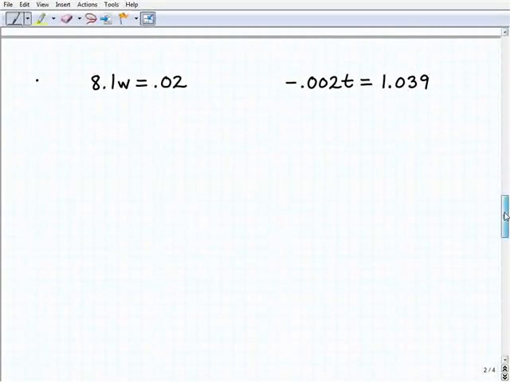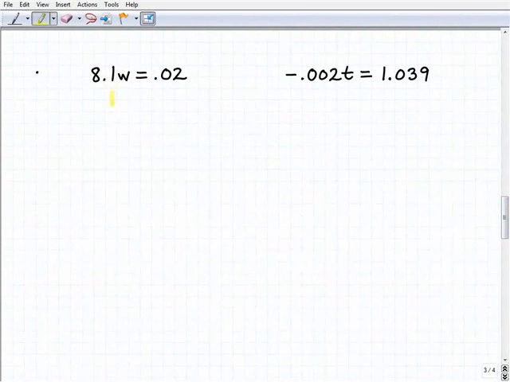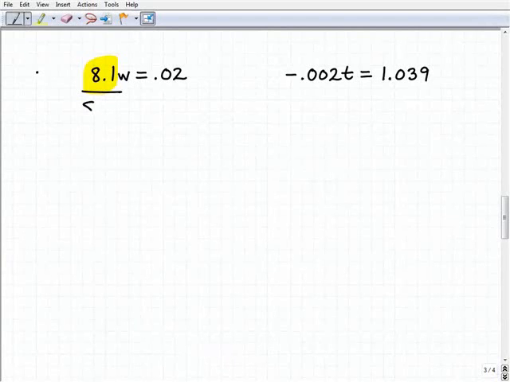Our last two problems are still pretty easy. Basically, we're still going to be dividing both sides of the equation by a number, but in this case, we're going to be dealing with decimals. No big deal. So hopefully you have your calculator out. I have 8.1w equals 0.02. To get w by itself, I'm going to have to divide both sides of the equation by 8.1.